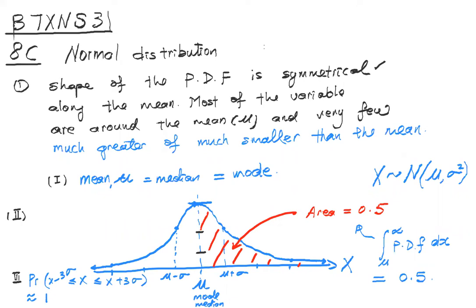Inflection point is 1 standard deviation away from the mean and 1/3 down from the highest point. Yeah, 1/3 down.